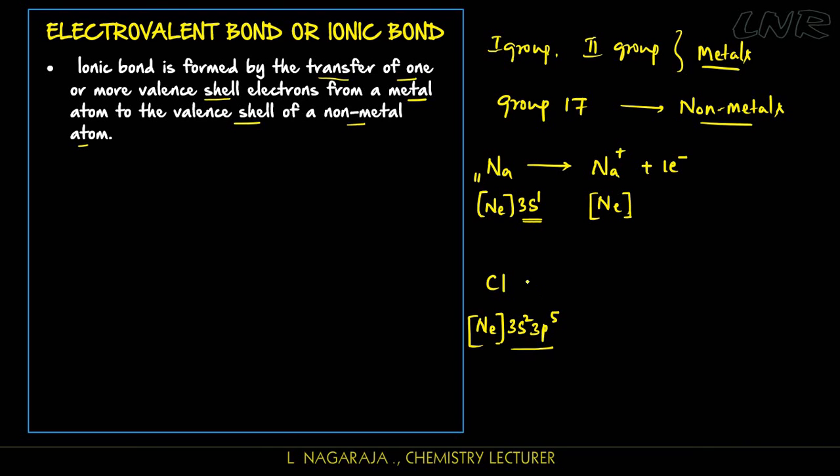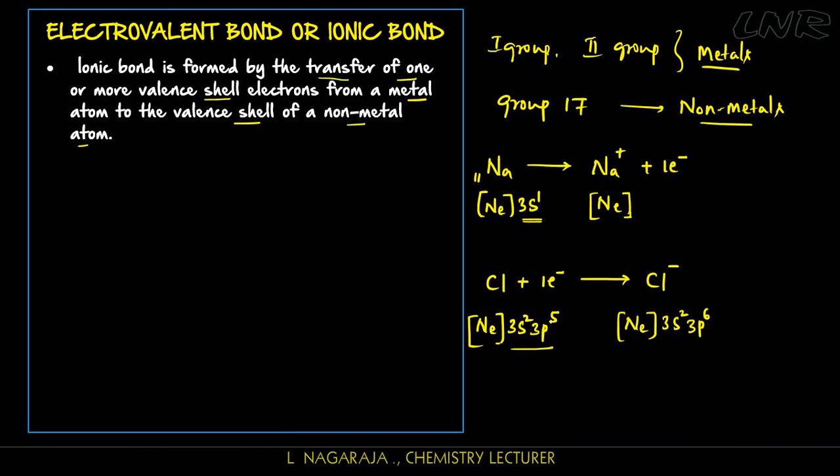This chlorine gains 1 electron, the electron released from the sodium atom, and it becomes Cl minus. That minus indicates the presence of 1 extra electron. So the configuration of Cl minus is neon 3s2 3p6.